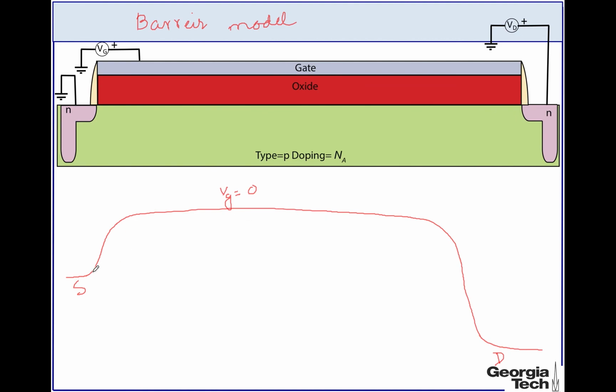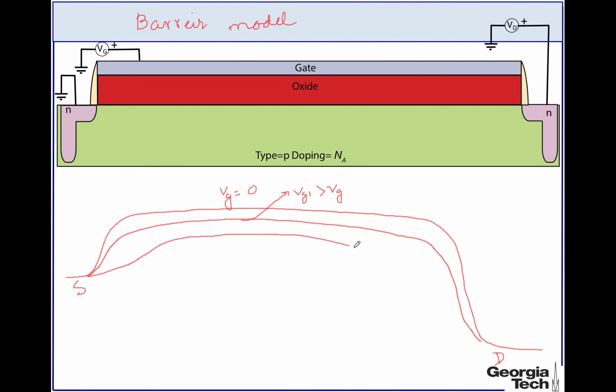Now if we increase the gate voltage, this will essentially reduce the barrier height from the source to drain, and say this is for Vg1 larger than Vg, which is 0. When the voltage is larger than threshold voltage, say Vg2, which is larger than threshold voltage, then the barrier is small enough that a substantial amount of current can start flowing from the source to drain.